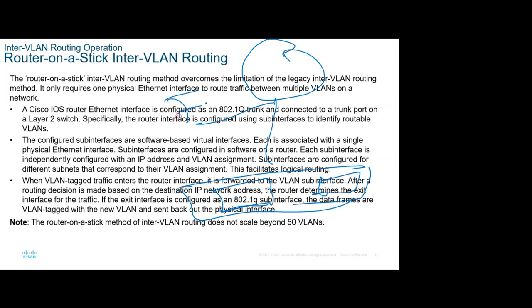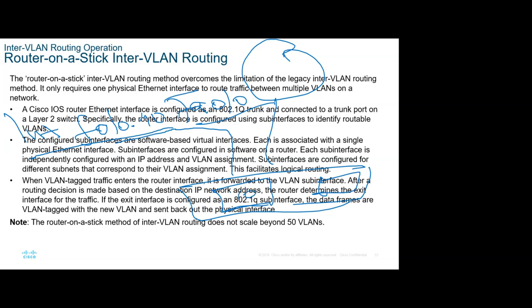So you have your port FastEthernet 0/0, but you are going to divide it logically. You call an interface FastEthernet 0/0, then you give it an ID, maybe 1 or maybe 10. You have created a sub-interface, and this sub-interface is the one that is going to serve VLAN 10.